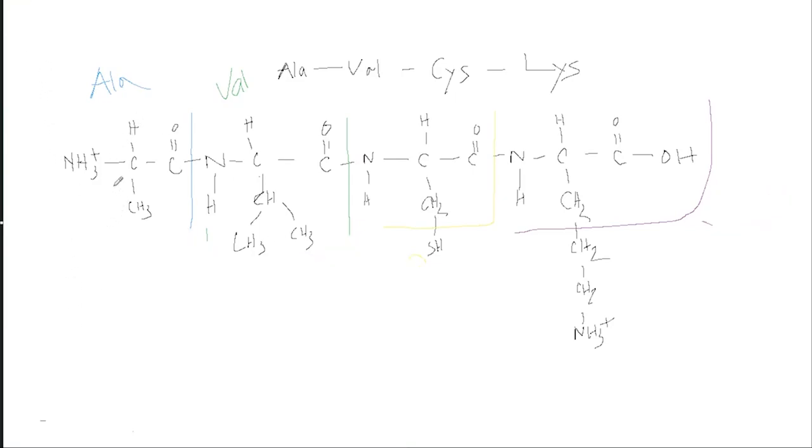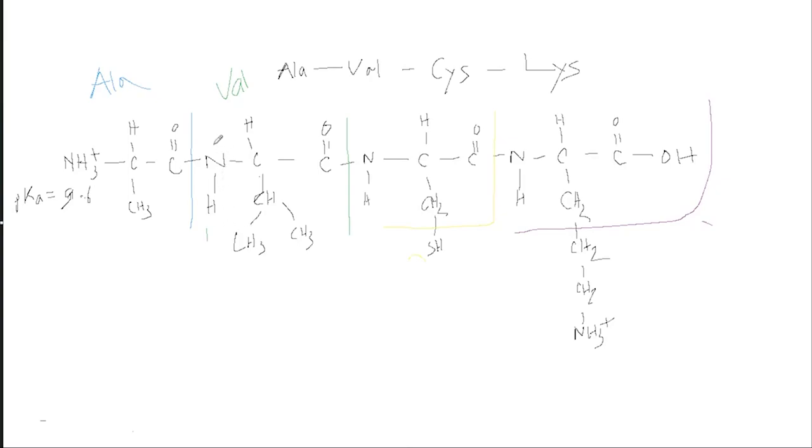For the alanine, let's imagine the NH3 plus group has a pKa of 9.6, just for consideration. Just imagine. All right. Now the valine side chain is all carbonated with hydrogen, but this group does not have a pKa.